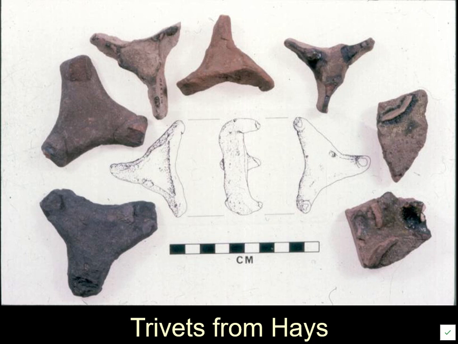A lot of wasters that are found are like several vessels fused together by the previously molten glaze after it cools. And so trivets like these would be put inside a bowl, and then another bowl will be put on top. You can just see on here the traces of bases.